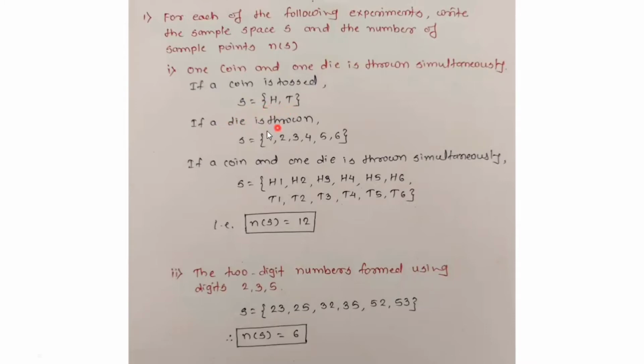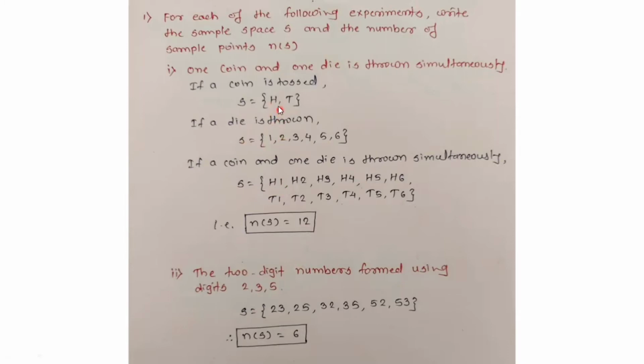If a die is thrown, we can get on the upper surface 1 or 2 or 3, 4, 5 or 6. So the sample space for the die is S = {1, 2, 3, 4, 5, 6}. Now for the experiment in which a coin and a die are thrown simultaneously, from a coin we get H and from a die we get 1, that is H1.